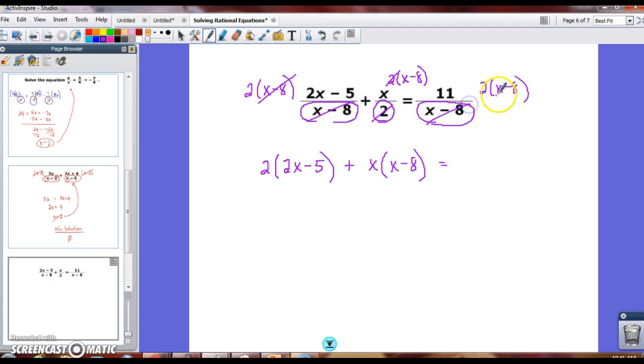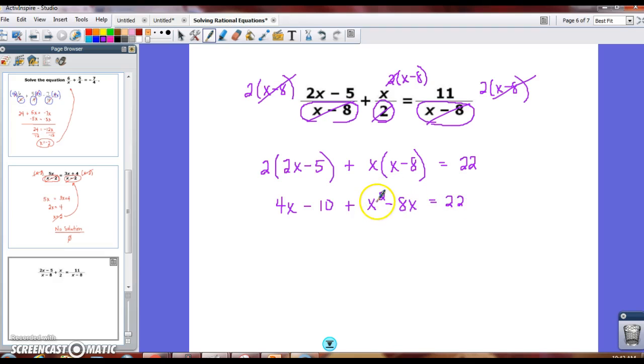Here I have an x minus 8 and an x minus 8, so I'll cancel those, and I have 11 times 2, which is 22. When I distribute, I end up with 4x minus 10 plus x squared minus 8x is equal to 22.